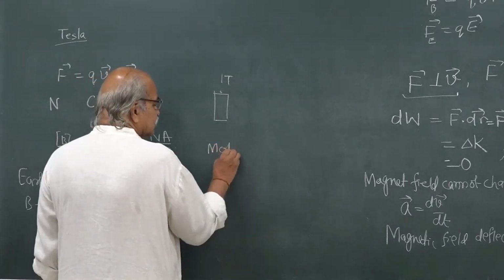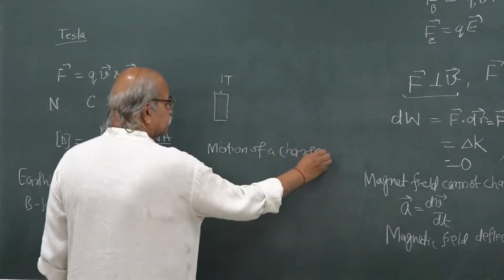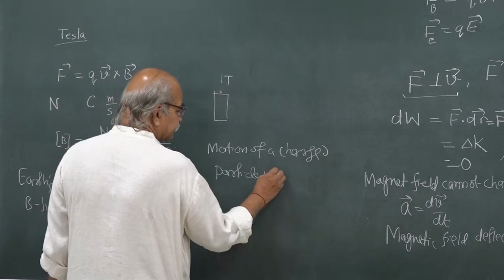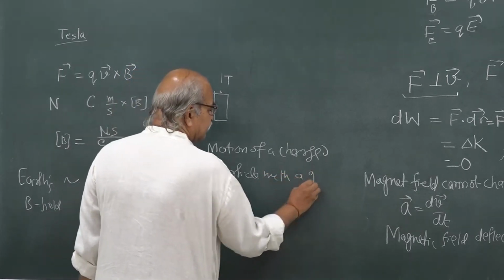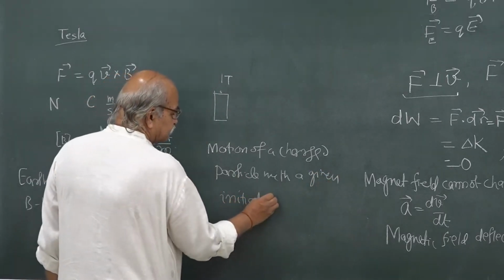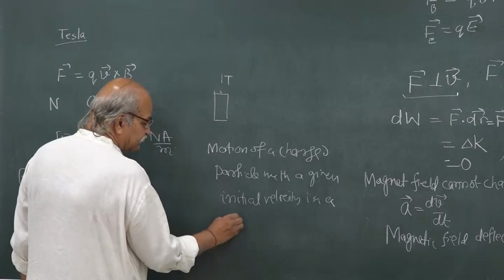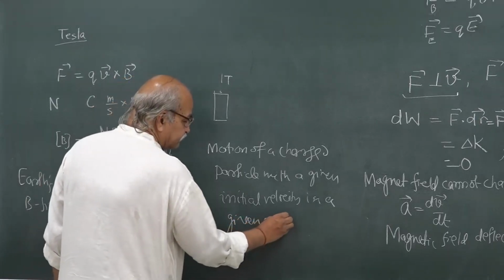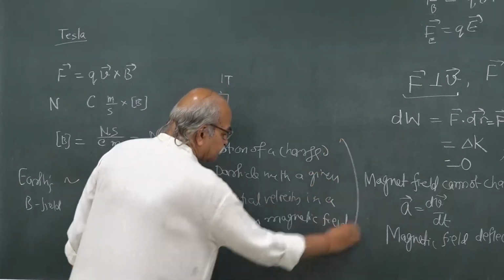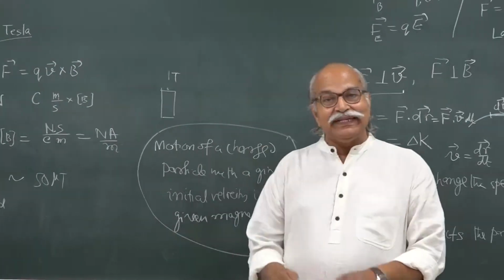So, the motion of a charged particle with a given initial velocity in a given magnetic field: that is the section, that is the topic that we will be doing in the next few lectures.